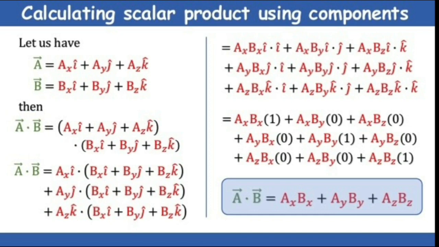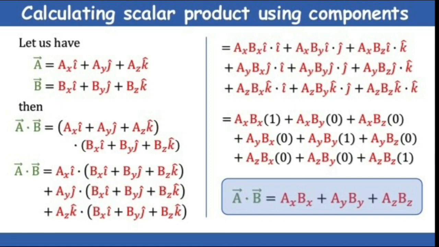So let's take vector A equal to AX i plus AY j plus AZ k and vector B equal to BX i plus BY j plus BZ k. Then vector A dot vector B is equal to (AX i plus AY j plus AZ k) dot (BX i plus BY j plus BZ k), just substituted in that expression.